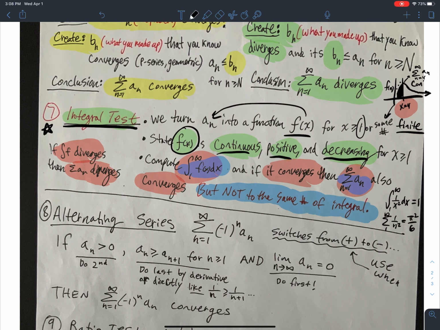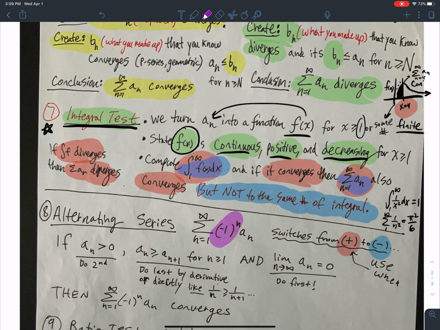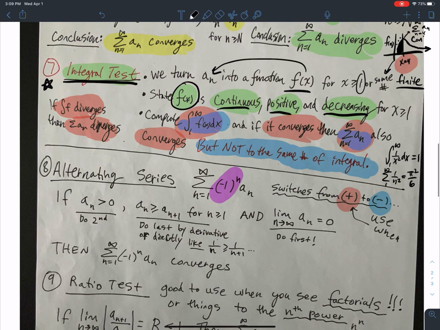Now, the alternating series, this is whenever we're swapping between positive and negative, positive and negative. We're alternating. We've got some sign switcher. I like to say, this is my sign switcher, -1 to the n. So what we're looking at for the alternating series is this a_n part here.